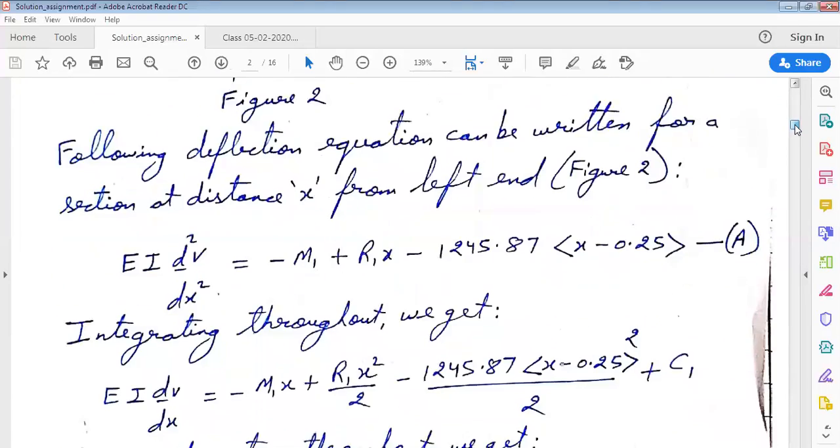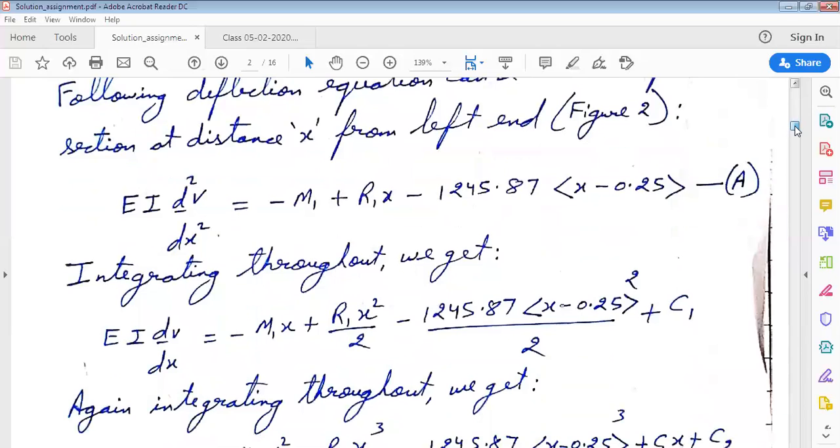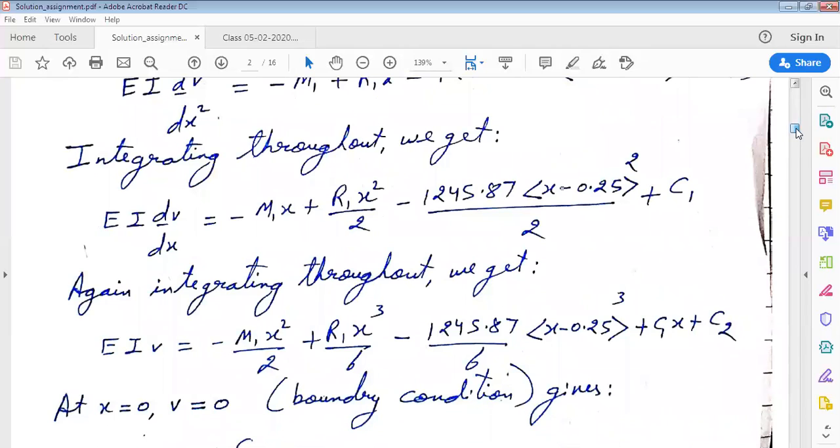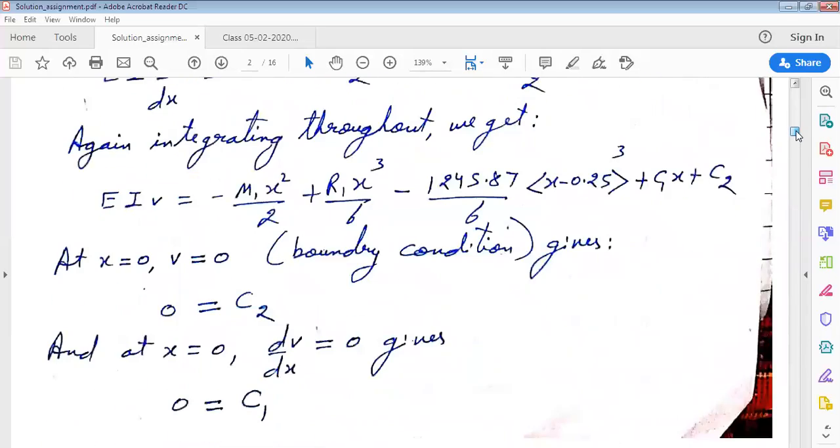Now integrating throughout, we get an equation, and again integrating throughout, we get the equation of the elastic curve. Here C1 and C2 are the constants of integration, and from boundary conditions we find that C1 and also C2 would be equal to 0.